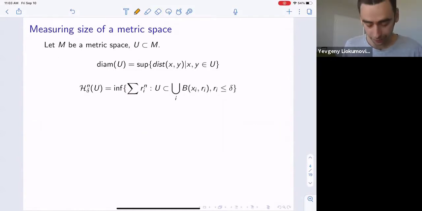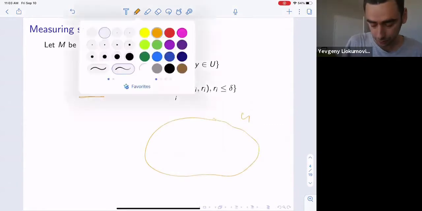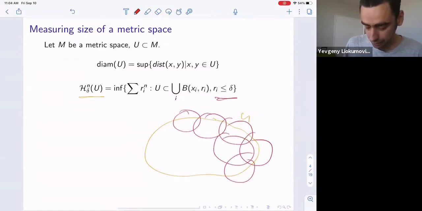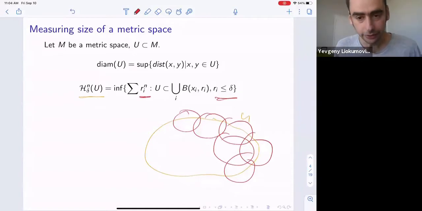The way Hausdorff measure is defined is first we introduce something called Hausdorff delta content, which is just looking at our set U and covering it with balls of radius less than delta, and then just summing up these radii to the power of n and taking the infimum over all such sums of radii for all coverings which satisfy this bound.